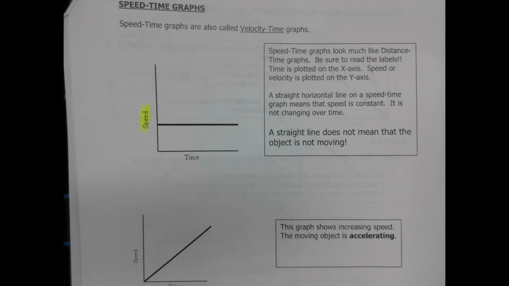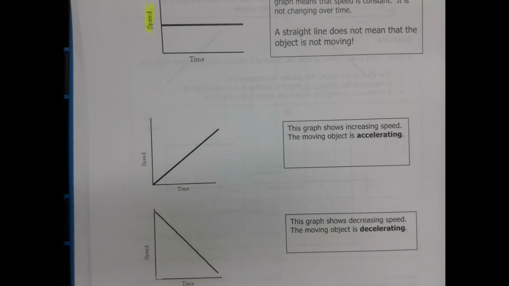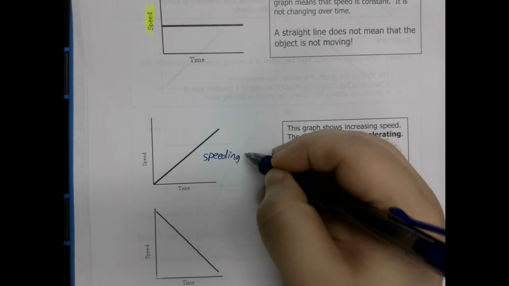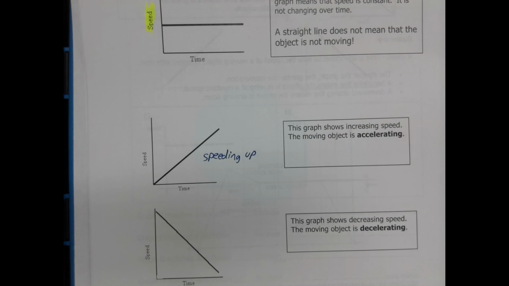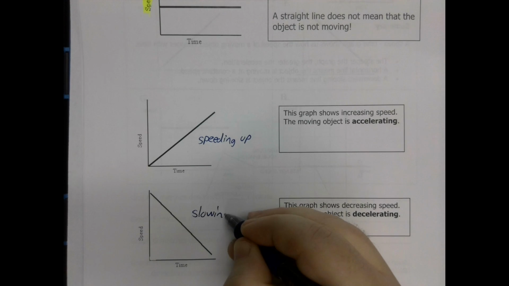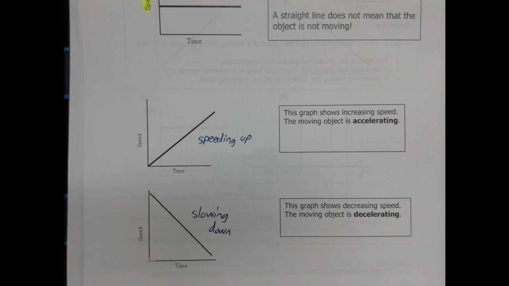Whereas on a speed time graph, acceleration looks like a straight sloped line. So this means that you are speeding up. And if you're slowing down, it would be sloped downward on a speed time graph.